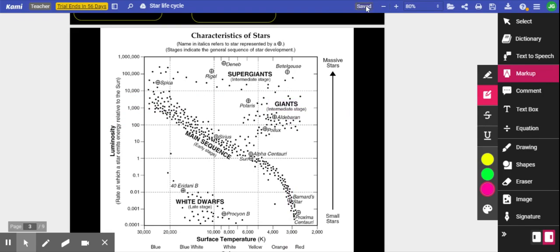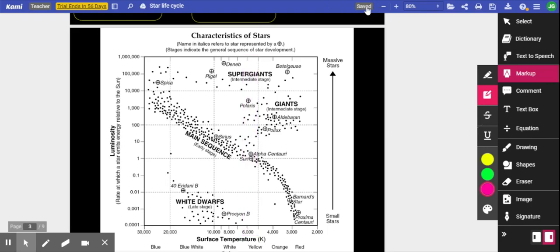If the key term is 6,000 Kelvin, then find the temperature, 6,000 Kelvin, and you know all the stars that have that temperature will be along that vertical line: Polaris, Alpha Centauri, and the sun.